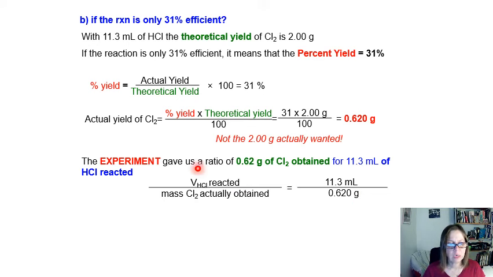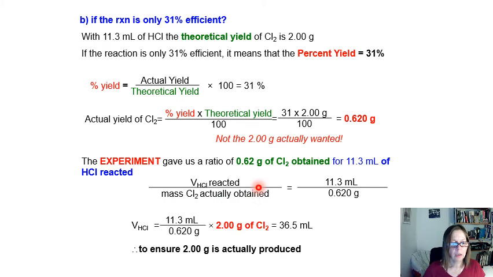So now what do we need to react to actually get 2 grams? This ratio will remain constant. What we need to react is 11.3 divided by 0.620 times the 2 grams of chlorine that we want. So the volume of HCl that we need to use if the reaction is only 31% efficient is 36.5 milliliters. That will ensure that 2 grams of chlorine is actually produced.